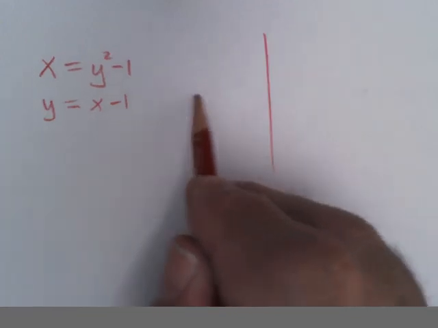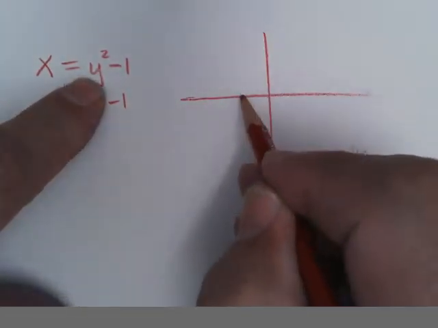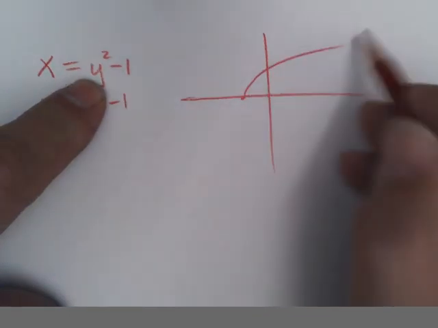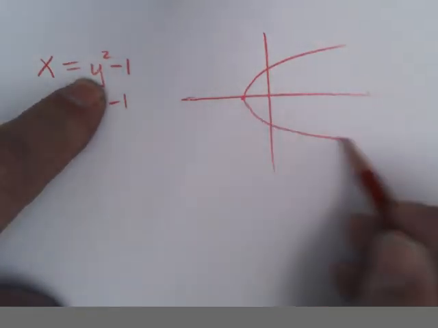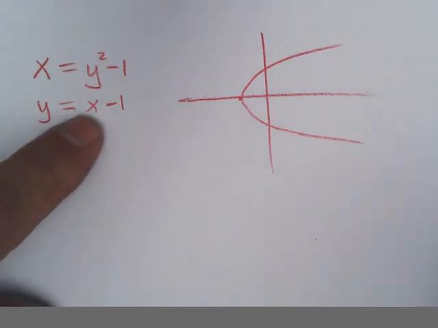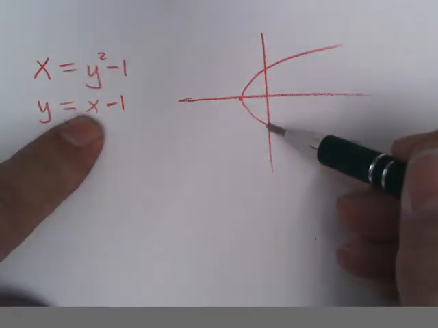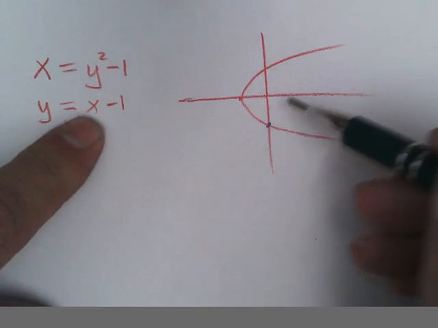So drawing that, x equals y minus 1 squared, that's a sideways parabola. And the line goes through minus 1 with a slope of plus 1.